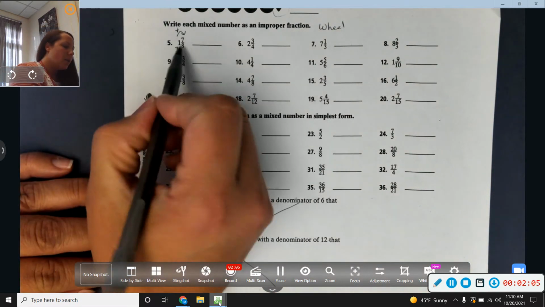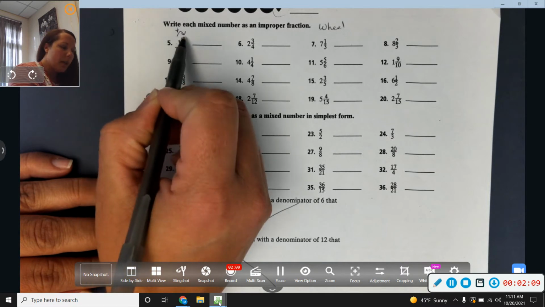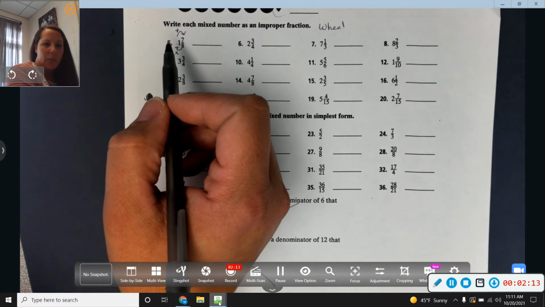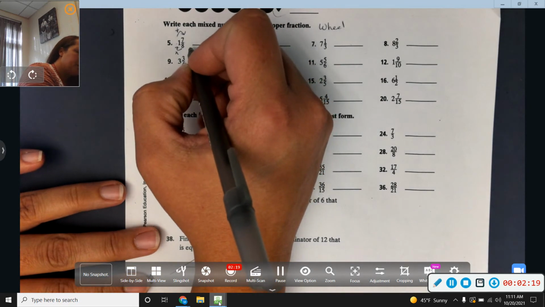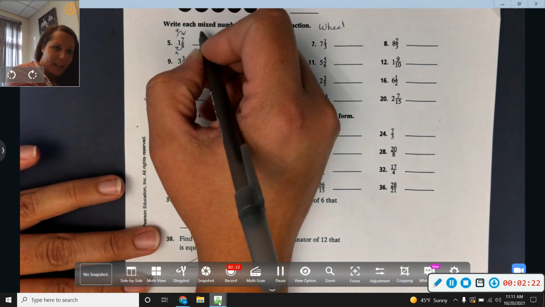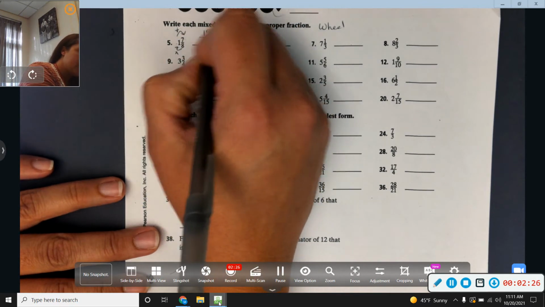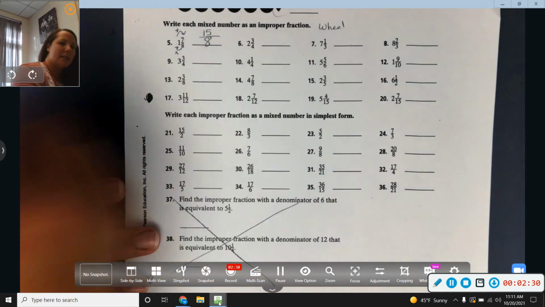So 8 times 1 is 8, plus 7 is 15. I added 1 too many at first. So 8 plus 7 is 15, and my denominator is the same.